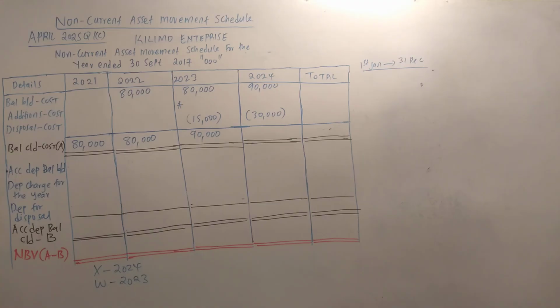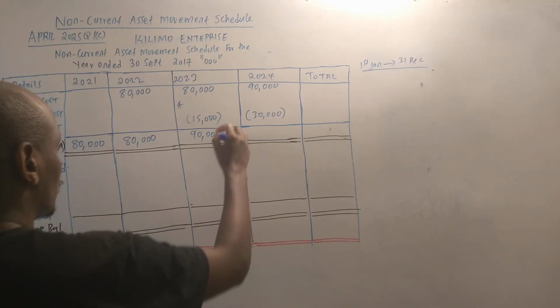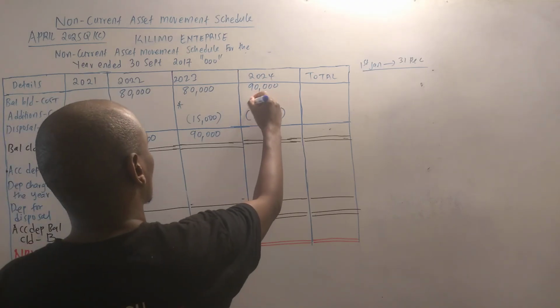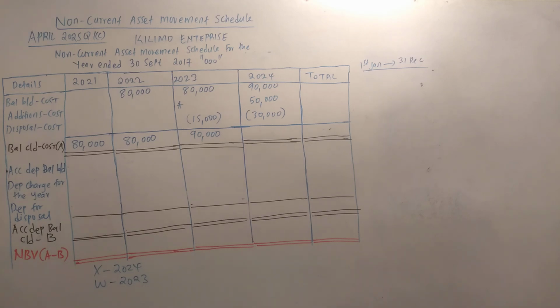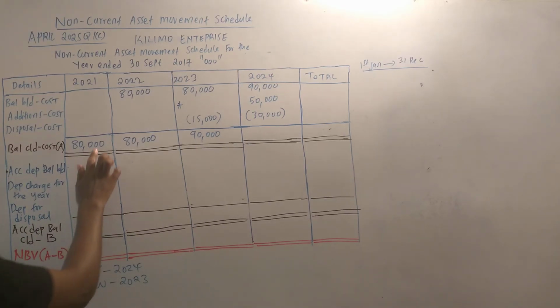Plant X, which was in 2024, was sold and replaced on the same date with the plant Z at 50,000. So plant Z, we acquired it at 50,000. That is it. So that is the filling in now. There is nothing hard. I could have used black pen here.